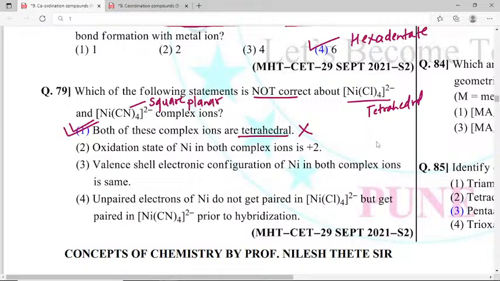Oxidation state of nickel in both complexes is plus 2, correct. Valence shell electronic configuration of nickel in both complexes is the same, correct. Unpaired electrons of nickel do not get paired because of the weak field ligand, but get paired in the other, correct. Very good. Good question. This is a very, very important question. Please note it down for 2026.